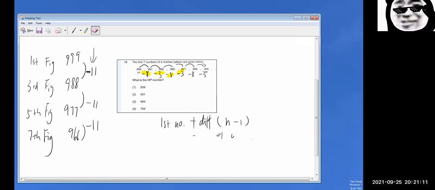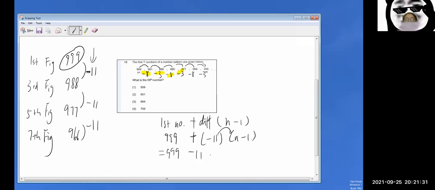So what I'm going to do, I will take the first number, which is three 9s. Then the difference in this case is -11. And I'm going to write like this. Then for this 999, I'm going to simplify this. So help me out, 999 plus 11. What do you get?